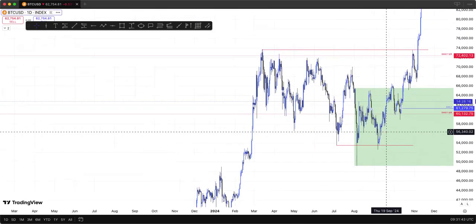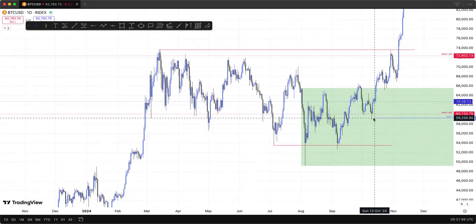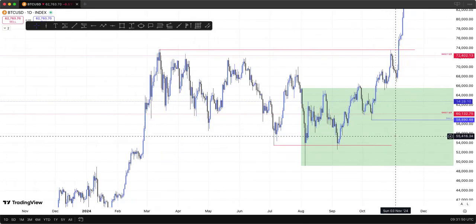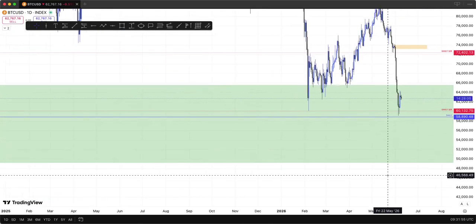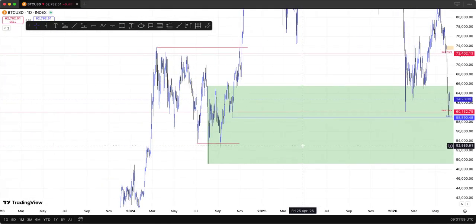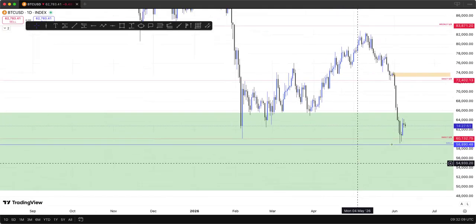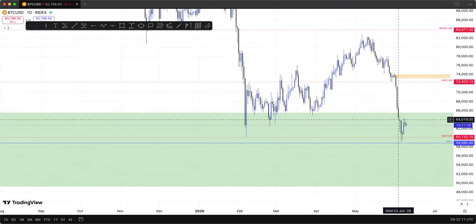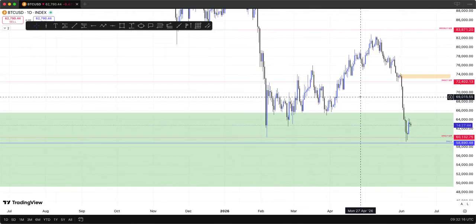Where does this daily demand get invalidated? When we break the low of the demand area, then this demand area gets invalidated. So we are currently inside a buy side liquidity on BTCUSD, currently sitting inside the demand zone, and also failing to break or invalidate the low.